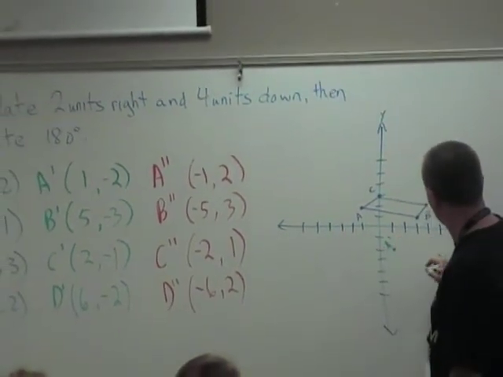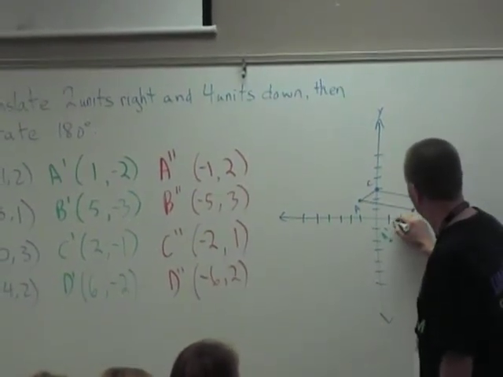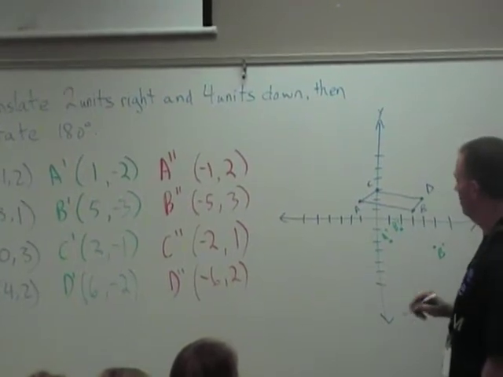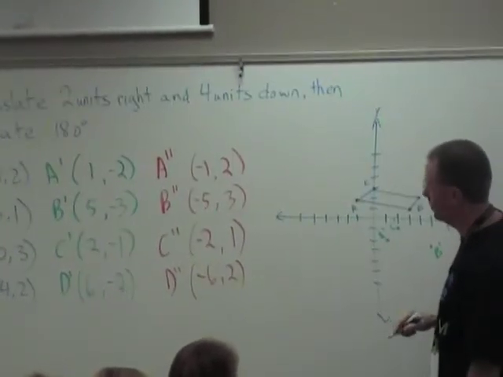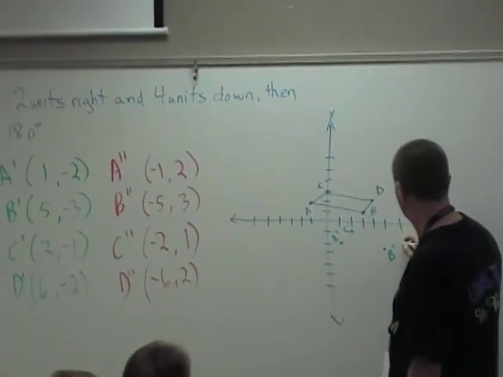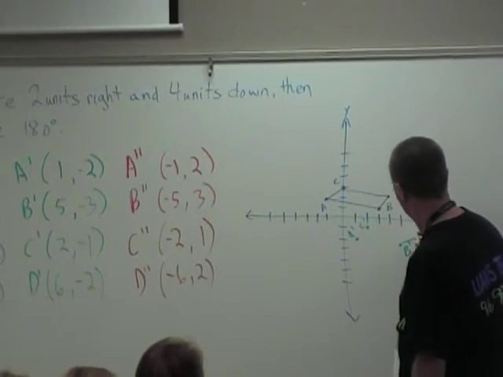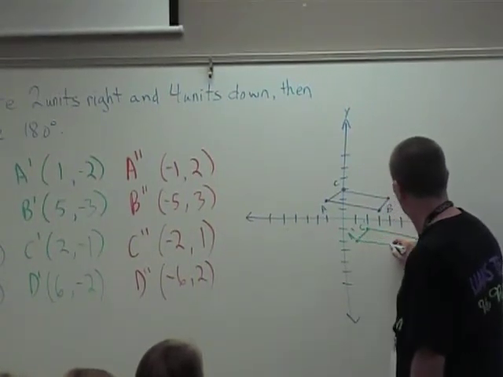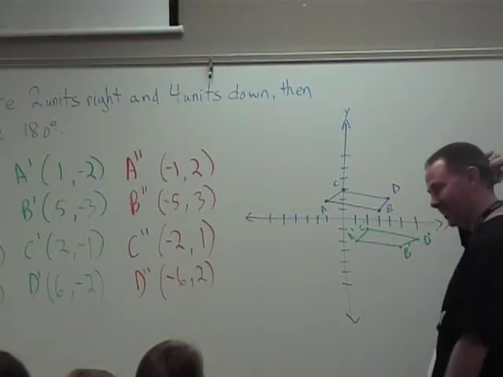This is A prime, that's B prime. Thank you, Michael. 2, -1. B prime. And C prime. And D prime is 6, -2. Not a calculation here, back off. It's not even dyslexic here.